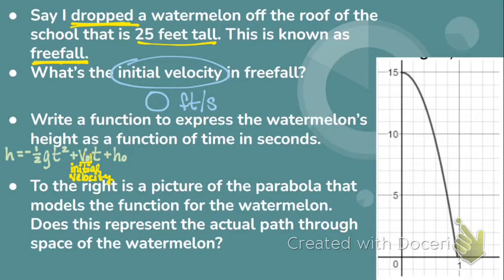So anytime you see a little 0 next to a variable in any kind of formulas, they're just saying, whatever this variable stands for, at the beginning, or initially. So initial height.